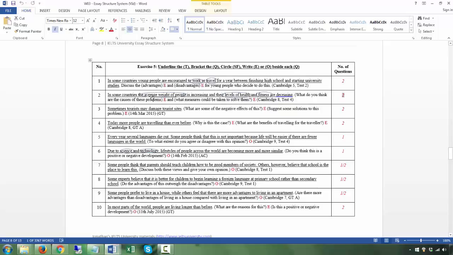So in this question, make sure you are not just focusing on one thing, because it mentions the average weight of people is increasing. So here you're talking about the weight, and then their levels of health and fitness are decreasing. Okay, so weight, health, and fitness. In one sense, you can argue that health and fitness are both different.